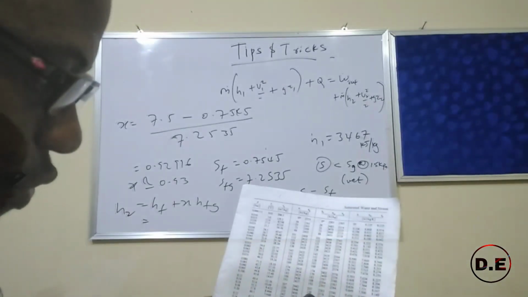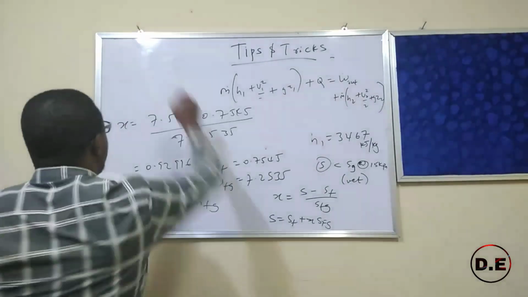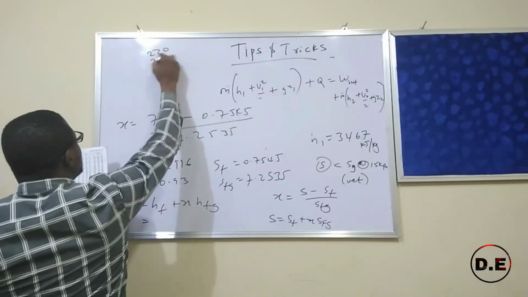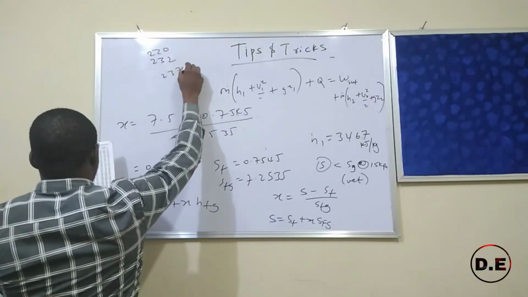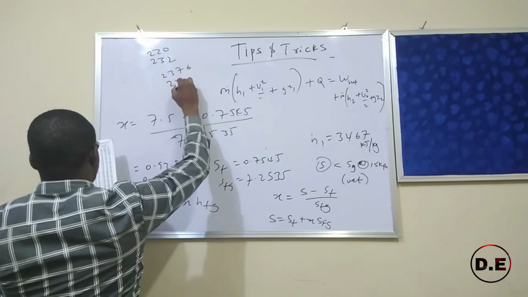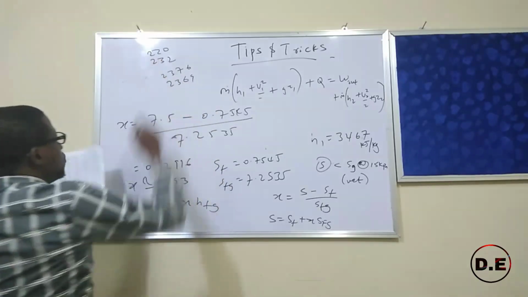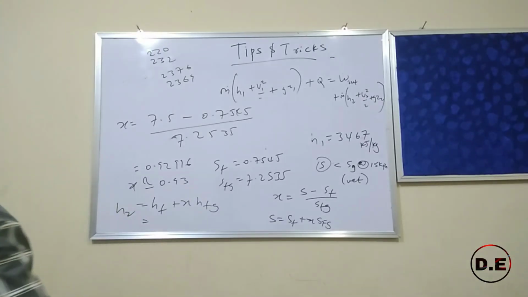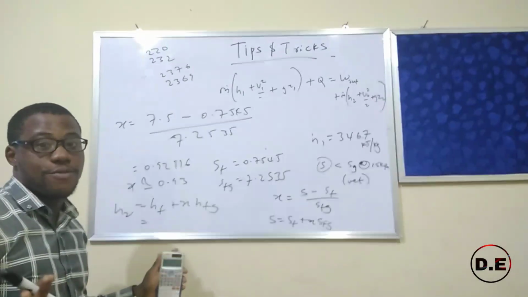hf is 220 and 232. Let me just write this somewhere: 220, 232, and hfg is 2376 and 2369. These are the two values, and I have to get the average. I'm just trying to obtain the value of hf and hfg at 0.15 bar.